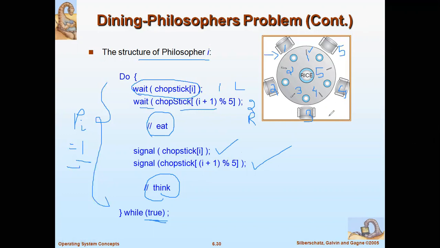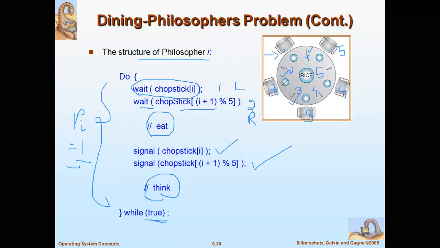But there is a problem with this particular dining philosopher scenario. Let's assume that every philosopher grabs his left chopstick. That is, one grabs this, then two grabs his left chopstick, that is 2 here, and 3 grabs his left chopstick, which is 3 here.